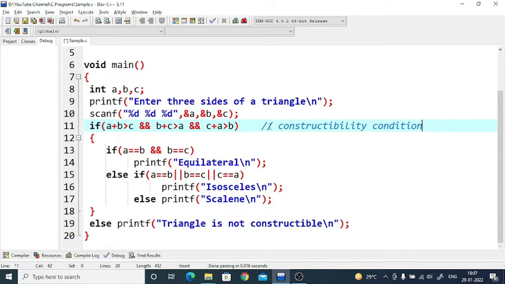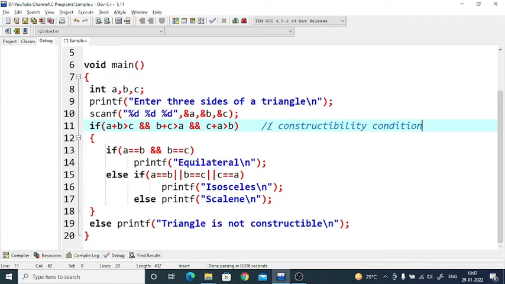If all three sides are equal, which we managed to check with only two expressions, A equal to B and B equal to C, then it is equilateral. If not, we check each pair of sides: if either A is equal to B or B equal to C or C equal to A, then the triangle is isosceles. And if nothing matches, then the triangle is obviously scalene. That's how we can do the type checking.